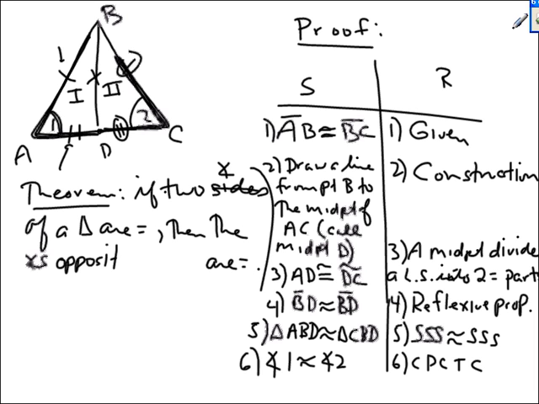If two sides of a triangle are equal, then the angles opposite them are equal. I had it right. Now I want to say sides. Then the sides opposite them are equal. Just reverse it. If two angles are equal, then their opposite sides are equal.